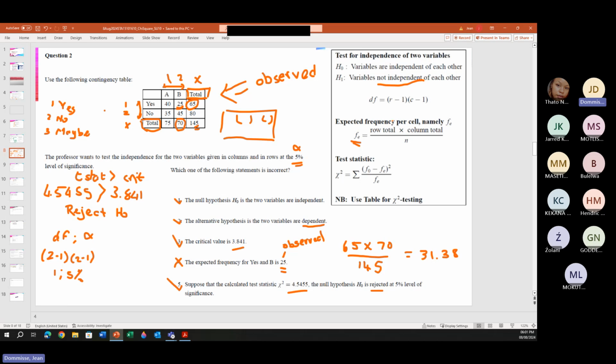We've done an expected value, and then, given the test statistic, we worked out whether to reject or accept. They can all ask you this in one question. So the whole study unit can be asked in one question, which is important to note.